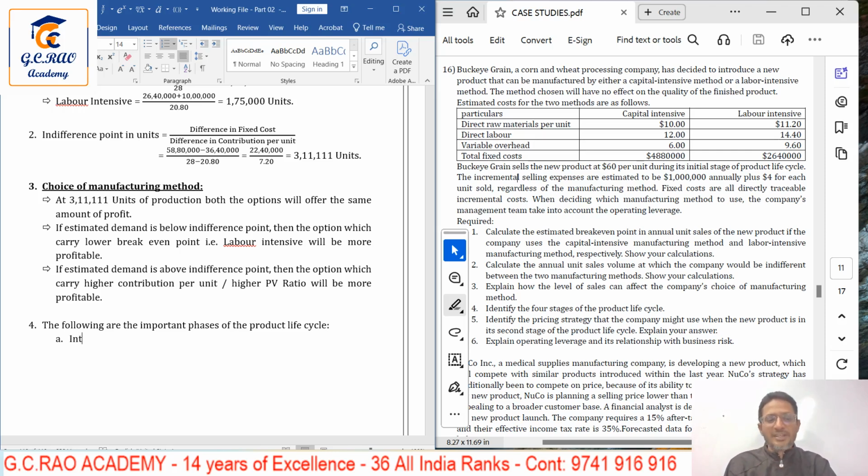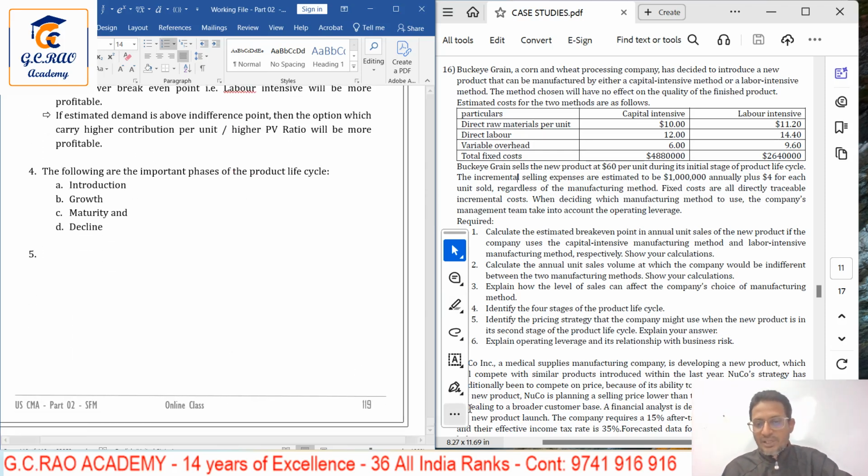What is the first phase? Introduction. What is the second phase? Growth. Next phase, maturity. And the last phase is what? Decline. Introduction, growth, maturity, decline.